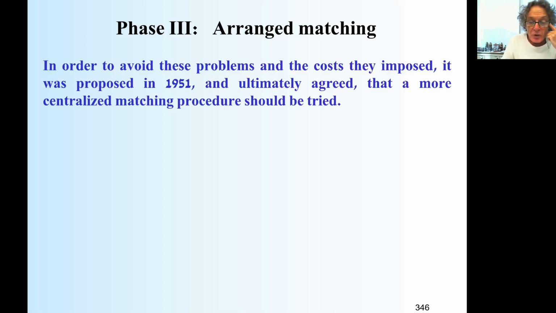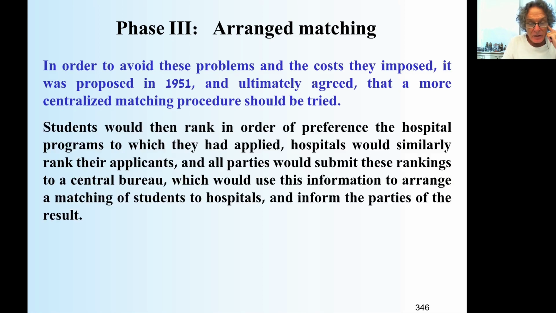In order to avoid these problems and the cost they imposed, it was proposed in 1951 and ultimately agreed that a more centralized matching procedure should be tried. Students would then rank in order of preference the hospital programs.